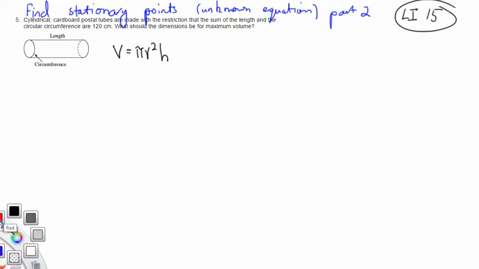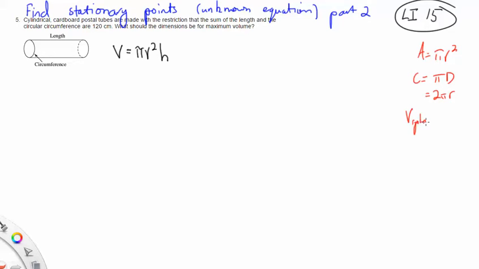You need to know things like, I'm going to give you a little list here, that the area of a circle is pi r squared, that the circumference is pi d, or that it's 2 pi r, that the volume of a sphere is 4/3 pi r cubed, that the surface area of a sphere is 4 pi r squared, that the volume of a cone is 1/3 pi r squared h.